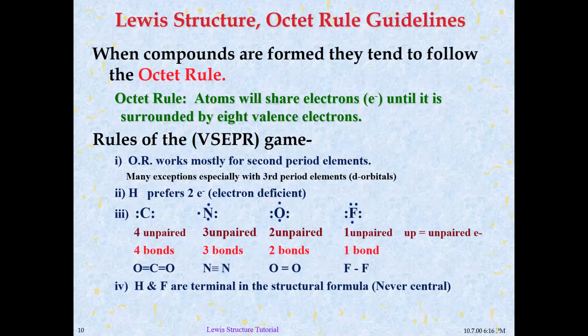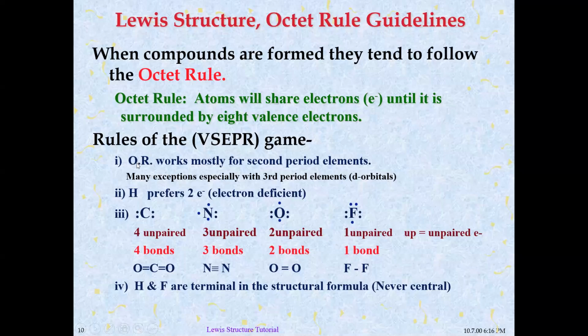So when you're drawing your Lewis structure, every atom in that molecule must have 8 valence electrons, except hydrogen, which can only form a single bond. Hydrogen can only form a duplet, so you can't make hydrogen an octet. We call it the valence shell electron pair repulsion, VSEPR. We get to that later.